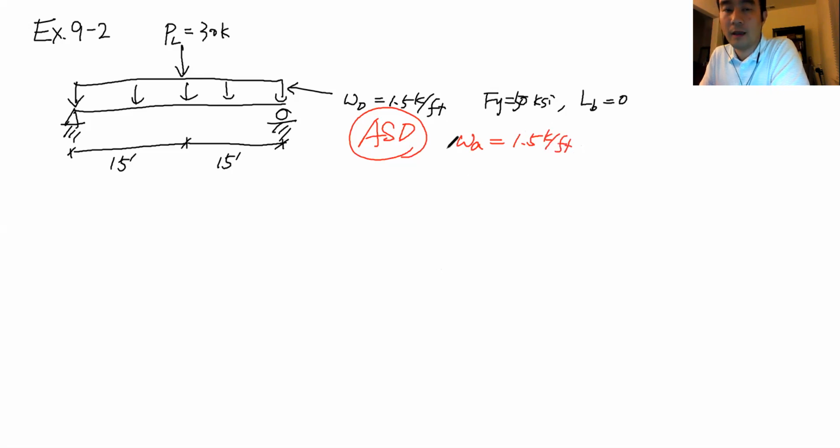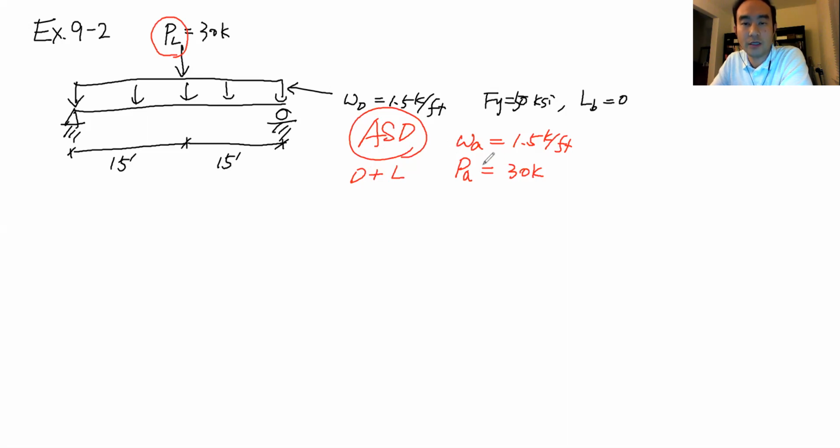And then PL, so this is going to be Pa, equal to 30 kips. By the way, this Pa is coming from PL. For the ASD method, we just add dead load and live load without any factor. That's why Pa is directly equal to PL.